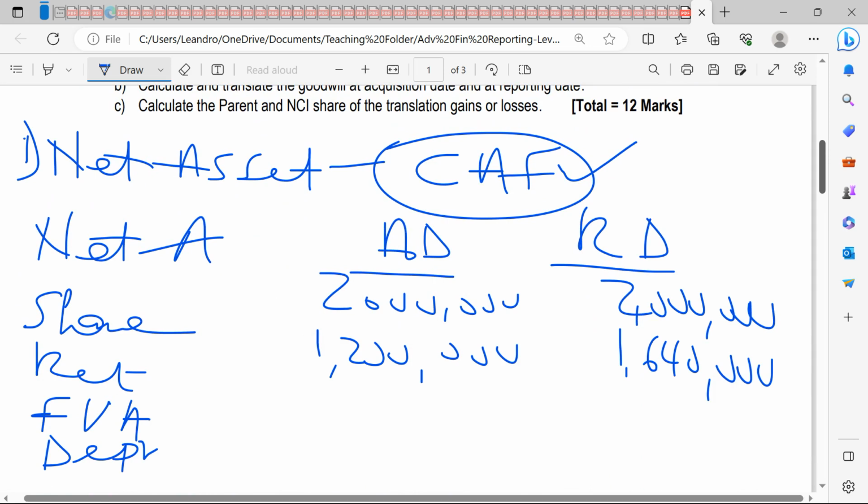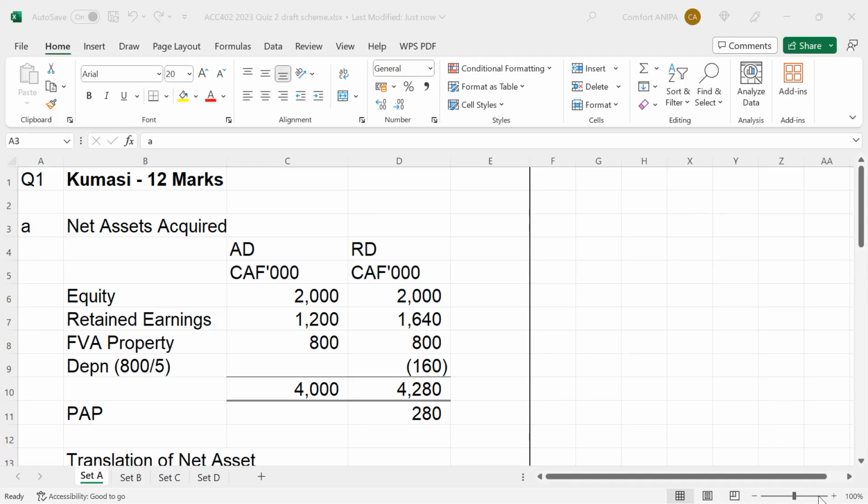So I am emphasizing that all these figures at this point are in the functional currency of the subsidiary. So let's see how this will play out.